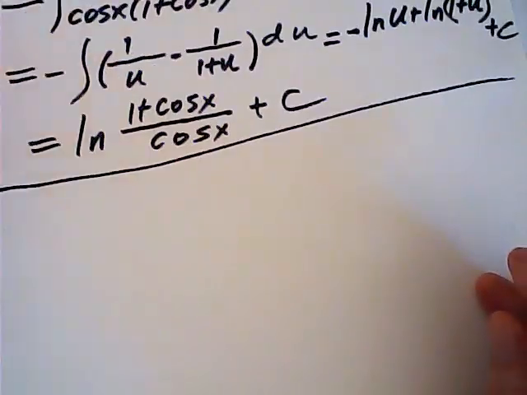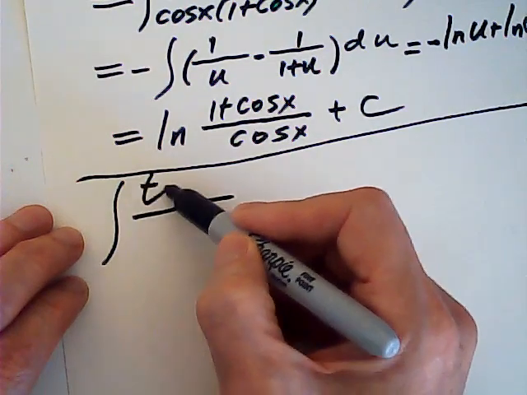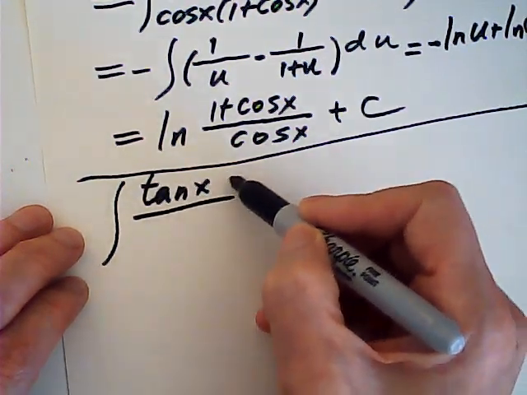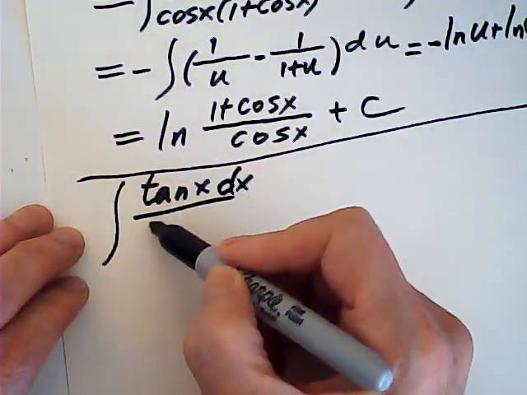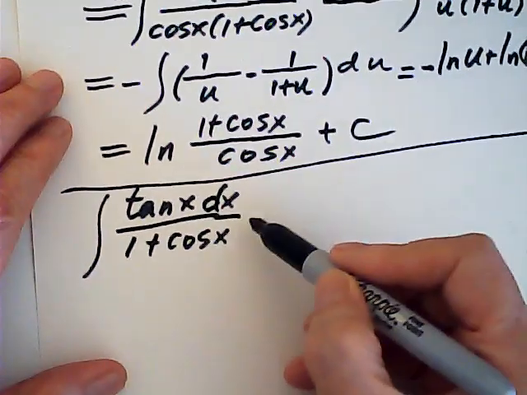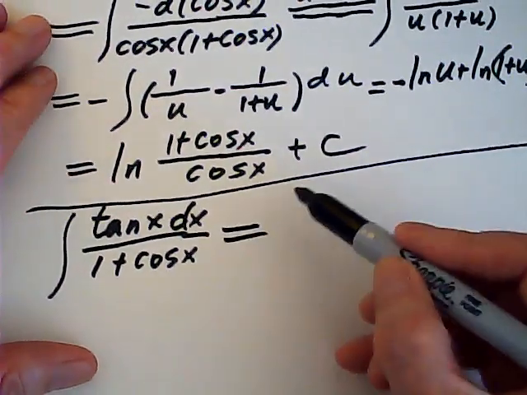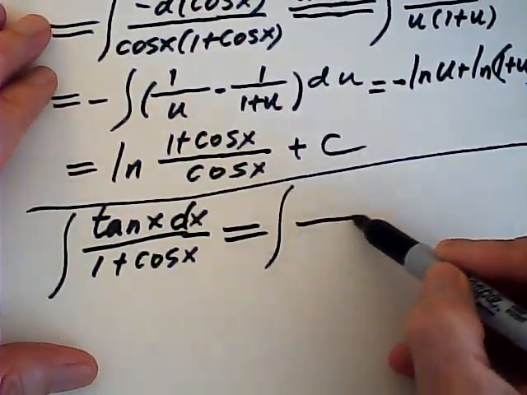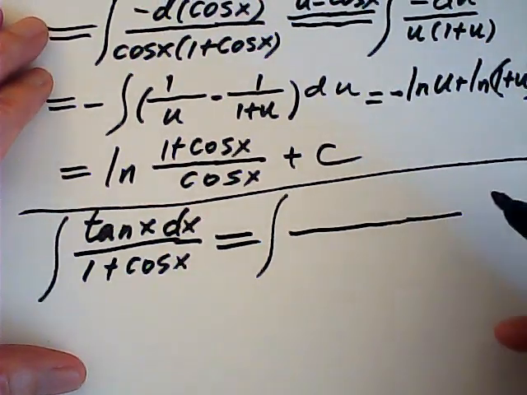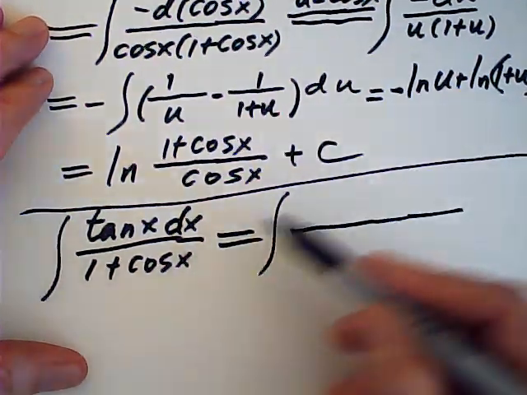Now, third method, tangent x dx over 1 plus cosine x. I multiply both top and bottom by 1 minus cosine x.